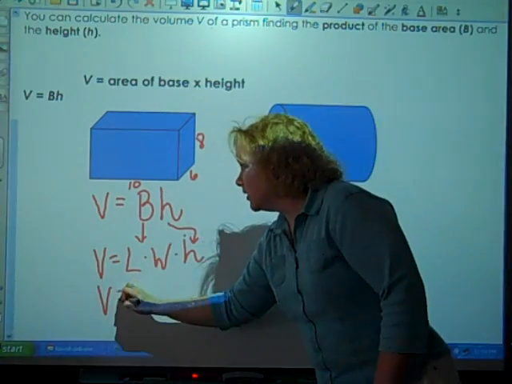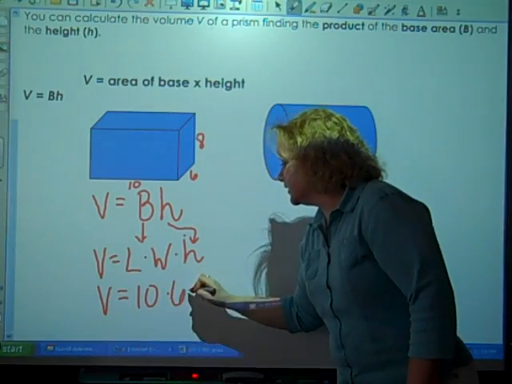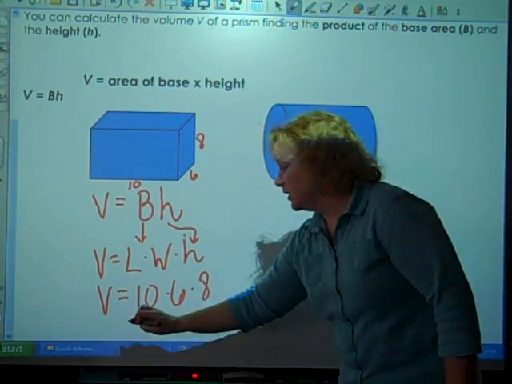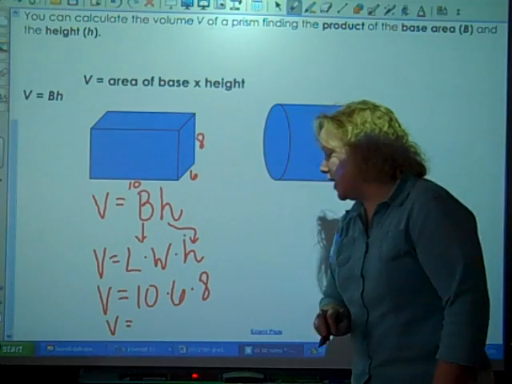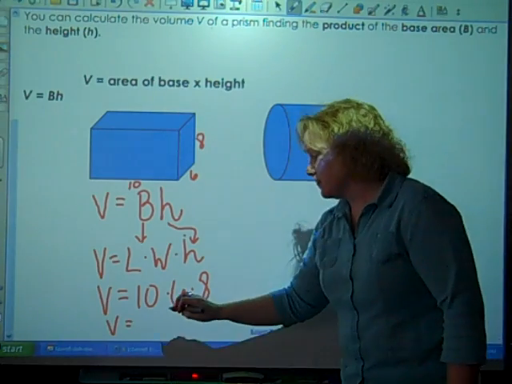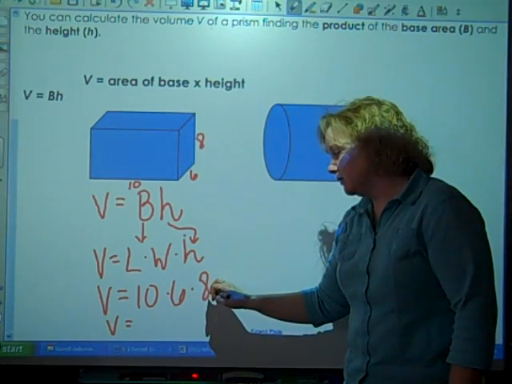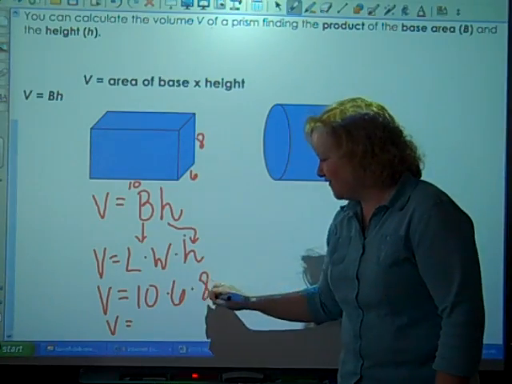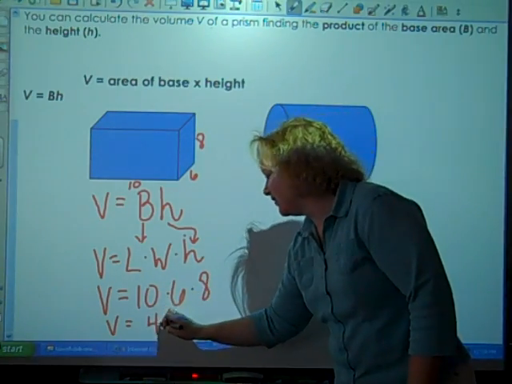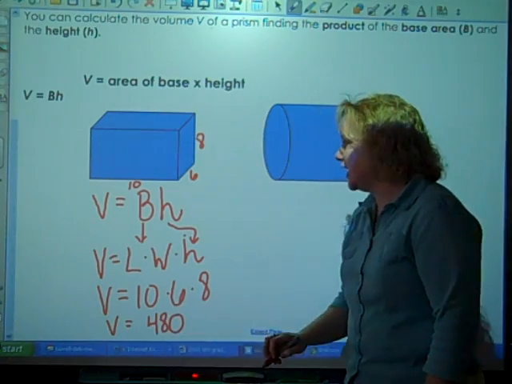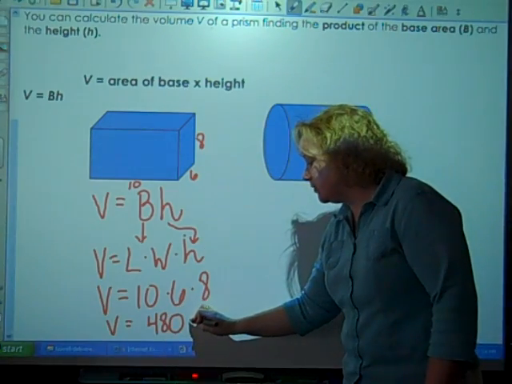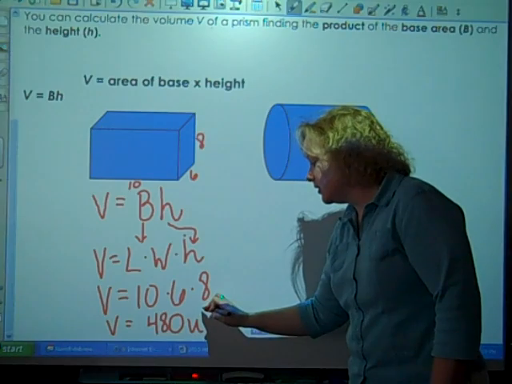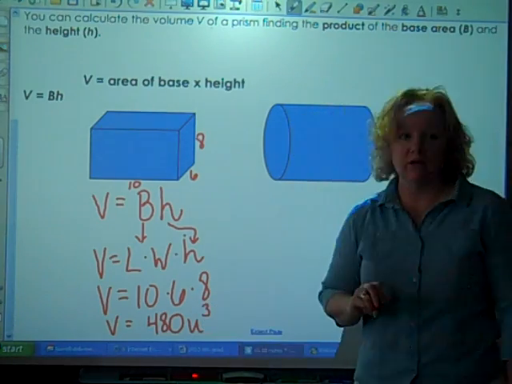So volume equals 10 times 6 times 8. What's 6 times 8? 48. And 48 times 10 is 480. We don't have it labeled, but we're going to label it units cubed.